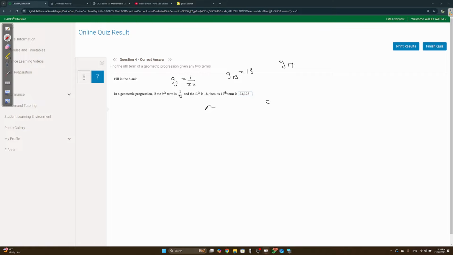How do you find r? You know Gn over Gm is equal to r to the power of n minus m. So over here G13 over G9 is equal to r to the power of 13 minus 9. 18 over 1 over 72 is equal to r to the power of 4.